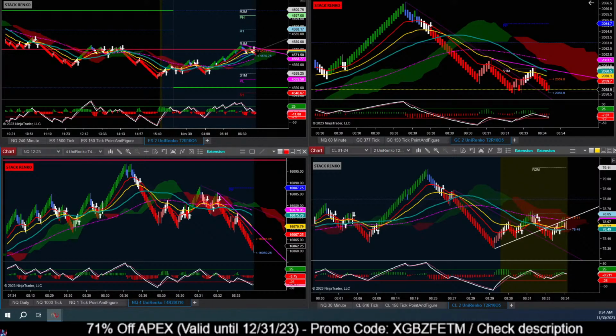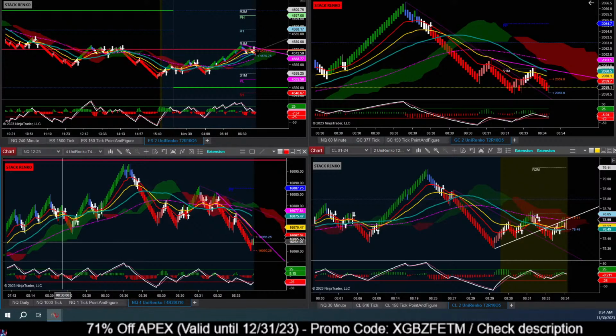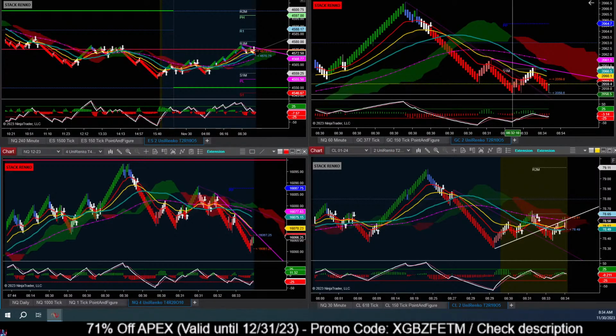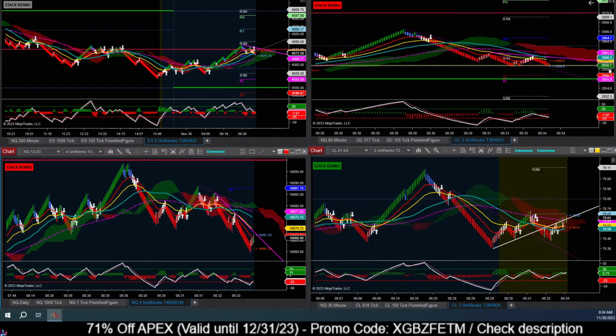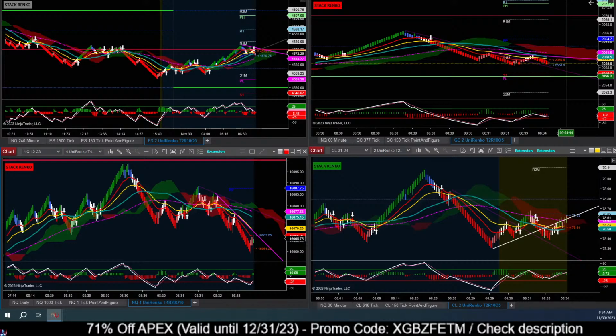And now we are at the low level in gold. It was a very tiny little double bottom right here. So let's see what it does. Where are our levels? Right below here, previous low, 2056.